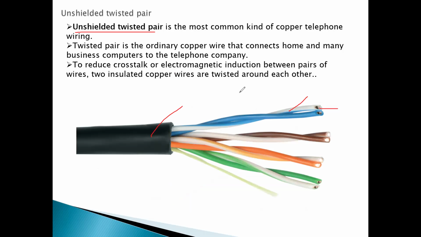This is mostly used in telephone and computer networks. It is the most common kind of copper telephone wiring. Twisted pair is the ordinary copper wire that connects homes and many business computers to the telephone company. To reduce crosstalk or electromagnetic induction between pairs of wires, two insulated copper wires are twisted around each other.